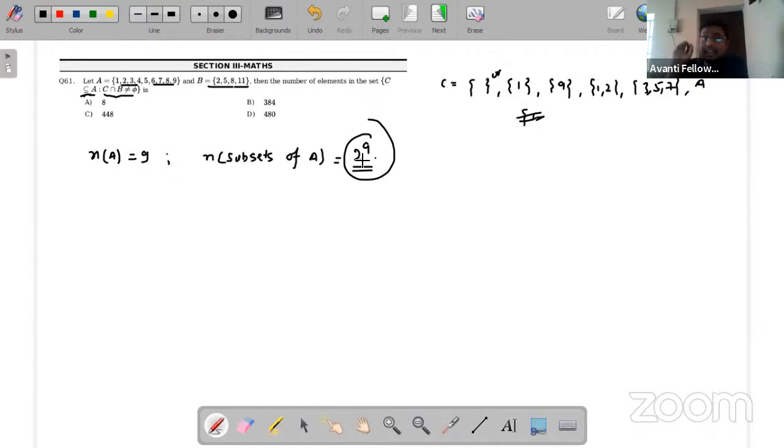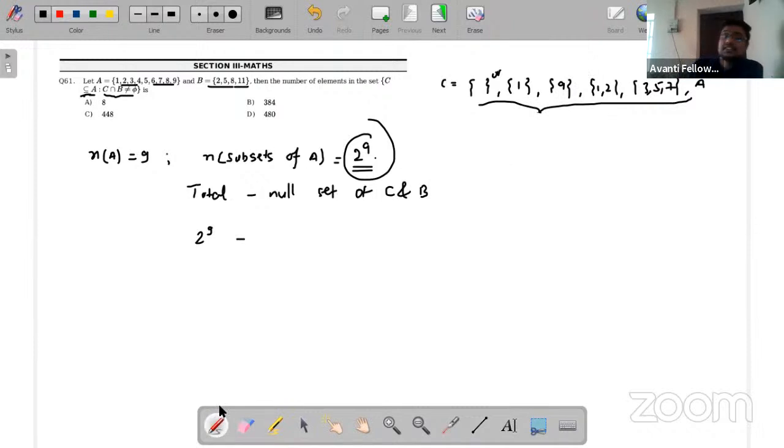Now in those total cases, we can remove the number of null sets with set B. So it is saying total minus the null sets of C and B, where C and B means C intersection B. So the total number of subsets we have found is 2 to the power 9, minus the number of null sets with C and B. I have given you some examples here.